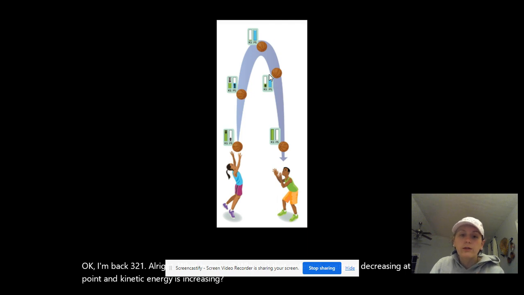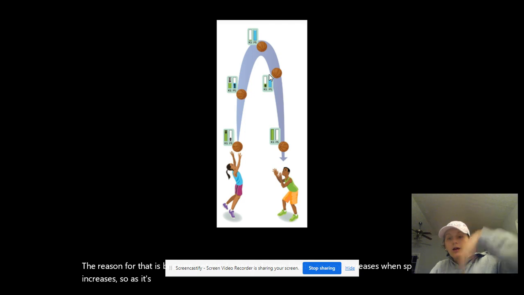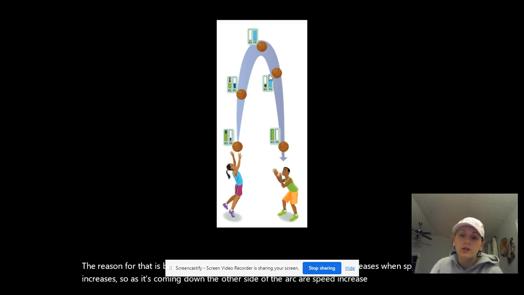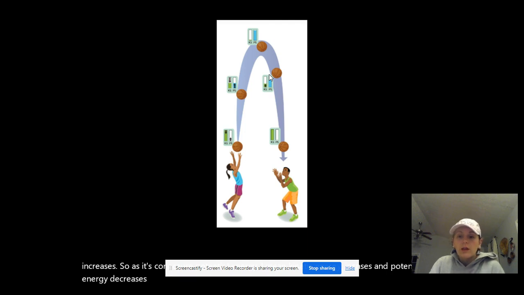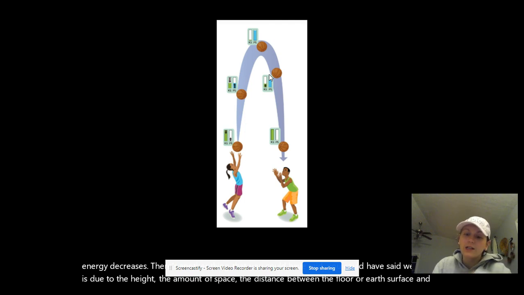Well, the reason for that is because kinetic energy increases when speed increases. So, as it's coming down the other side of the arc, our speed increases and potential energy decreases. There's another thing that you could have said. You could have said, well, Mrs. Dugan, the distance between the floor or earth's surface and the ball is decreasing.